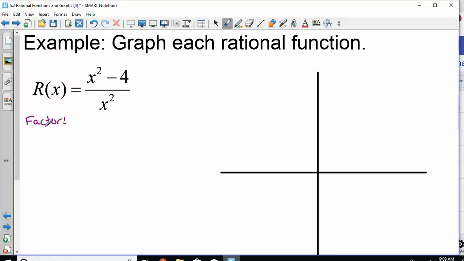X squared, you could write it as x times x, but you don't have to. But what could I do with x squared minus 4?